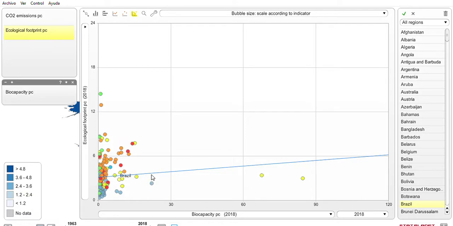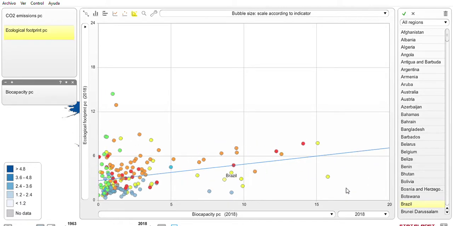with very limited population. But if we look it up here, and probably with a greater focus, we can do it this way. There is somehow a correlation of greater biocapacity, greater use of those resources in terms of ecological footprint, but with a huge deviation.